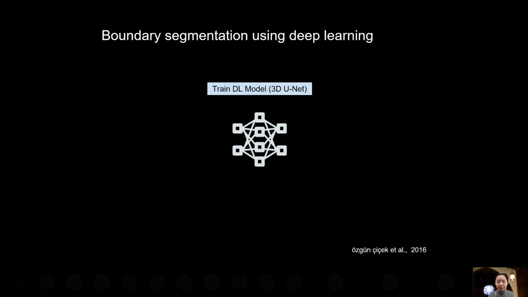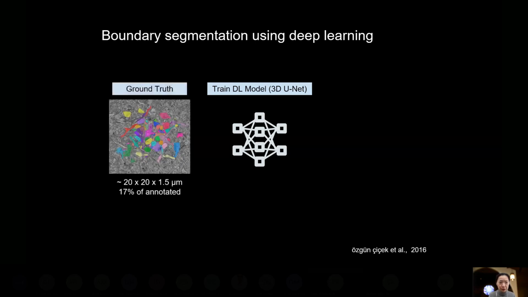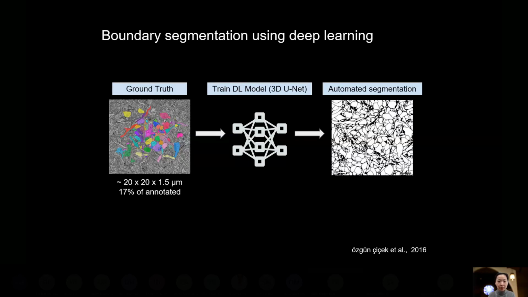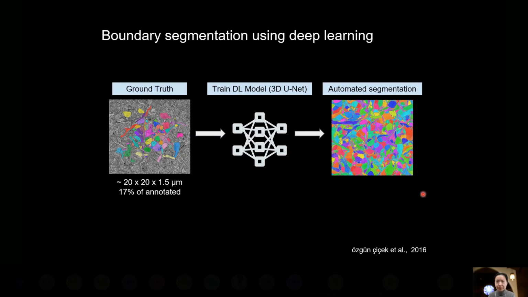With this deep learning convolutional network, we create the ground truth for some subvolumes of the EM images in our lab, and then we provide this ground truth to the DR Vision development team. They train the 3D UNets to generate the confidence map, and after thresholding and post-processing, we generate the segmentation results.